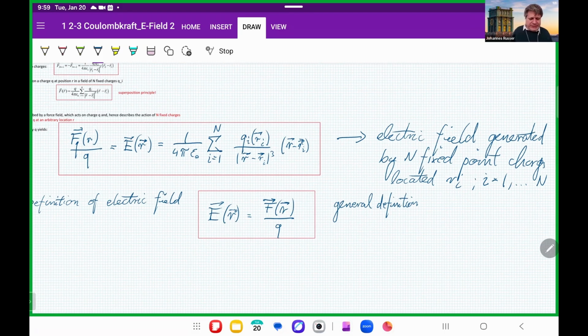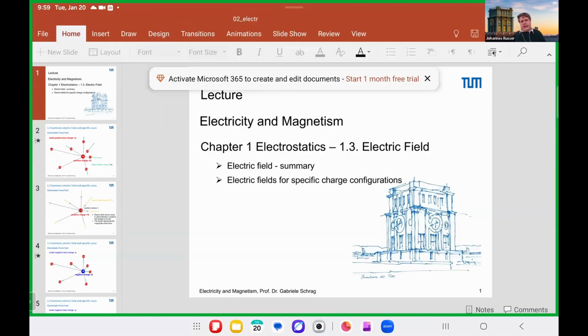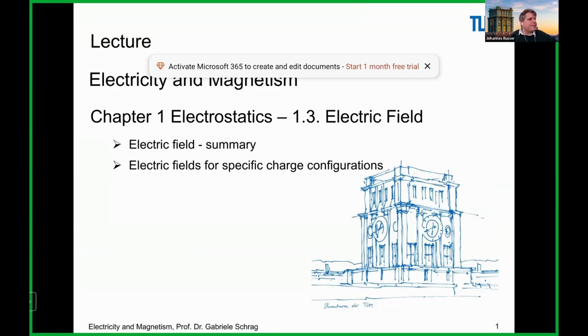Okay, so this is the definition of the electric field. And if there are questions, otherwise we will switch to some slides that enter further into the concept of the electric field that we have started to discuss.